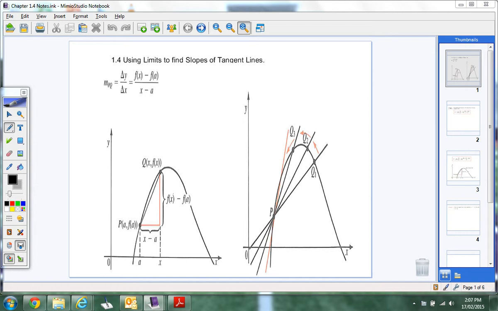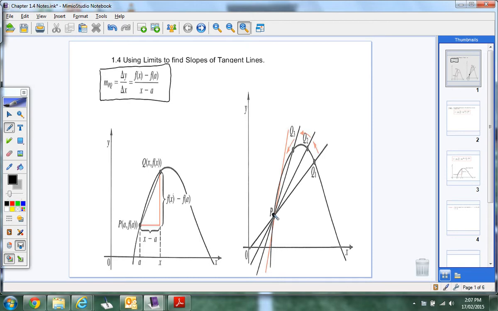And this is used to figure out the slope of a tangent line through a given point. You're going to have to be given a point to figure out from where. So, for example, this was the given point.